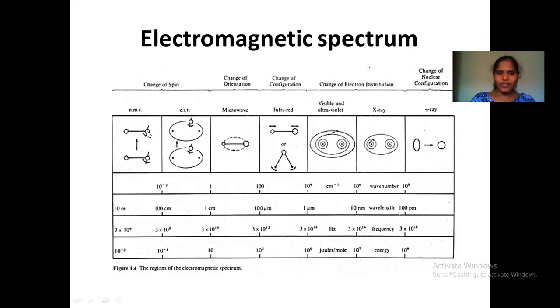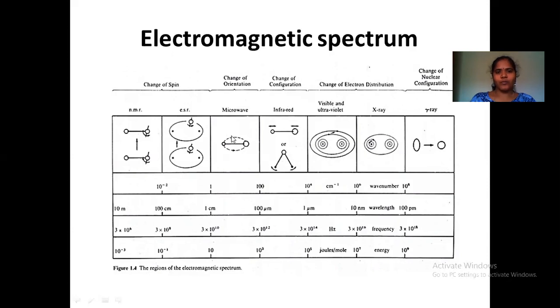And hence we get two different types of spectroscopic technique, that is NMR and ESR. NMR is regarding the study of nuclear magnetic resonance, where there is a change in the spin of the proton or the nucleus, and where the electron spin is changing, that comes under ESR, electron spin resonance spectroscopy.